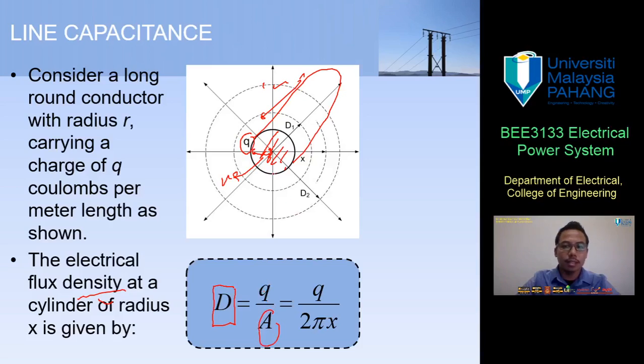The area of the conductor is 2 pi r, since it is a circle. But in this case we don't restrict to the radius r; we assume a distance x, any distance from the center of the conductor. So 2 pi x is the area that we are talking about.